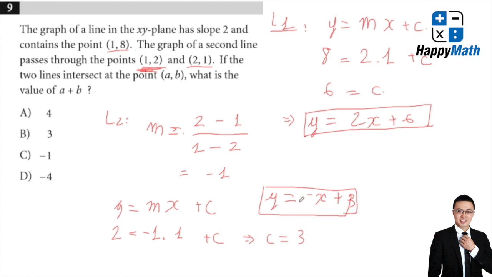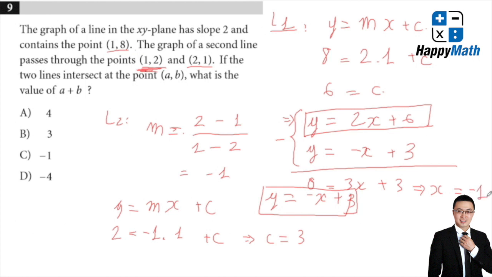And the two lines intersect at this point, which means I have to solve this system of equations. I will take the first minus the second one, which gives 0 equals 3x plus 3, and that's why x will be equal to minus 1.